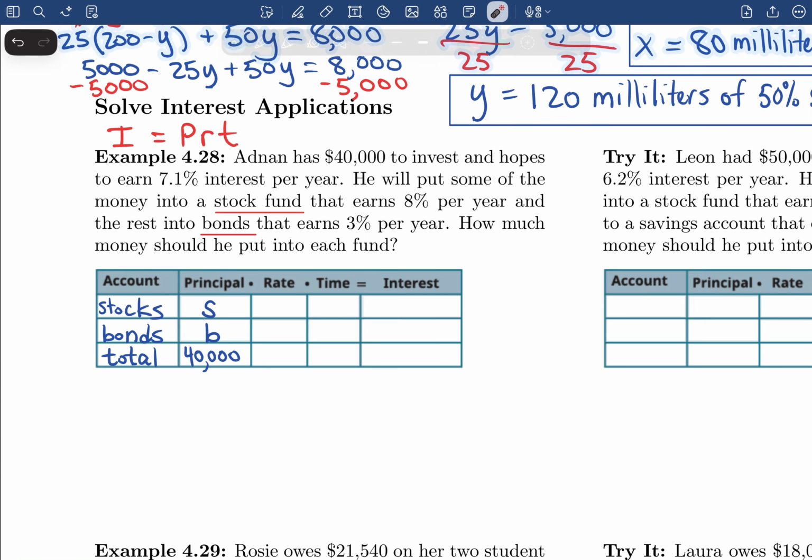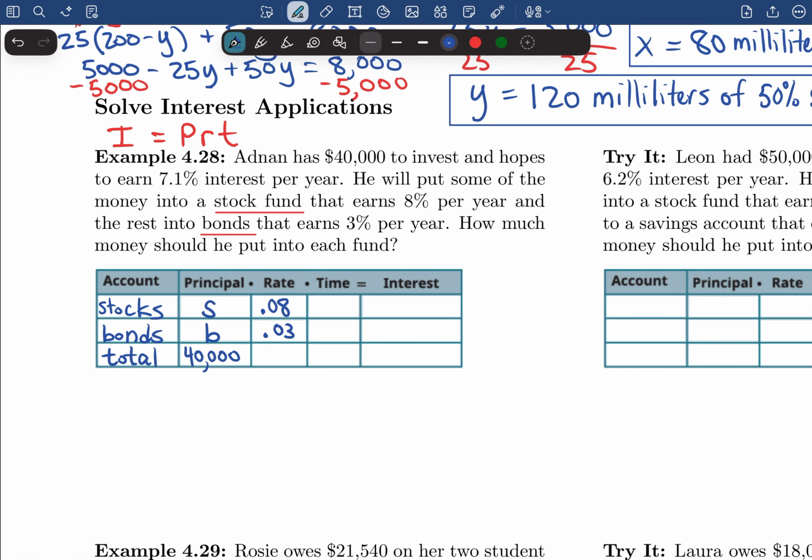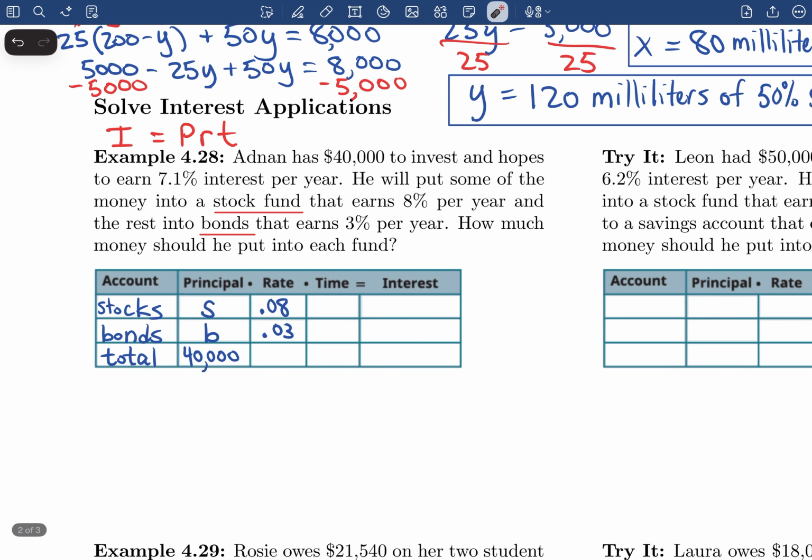What is the interest rate for each of these? Well, I've got an 8% for the stock fund. So I'll write that as 0.08, 8% as a decimal. And then 3% for the bonds, so I'll put 0.03. And he wants it to earn 7.1% interest total between the two accounts.